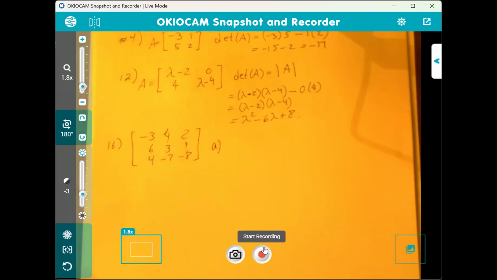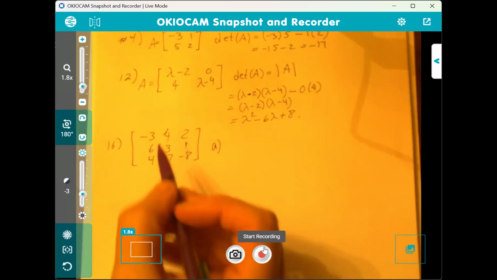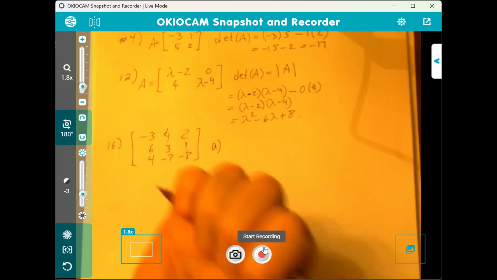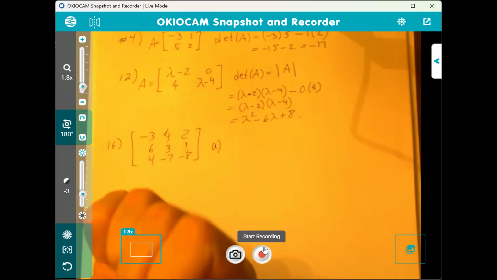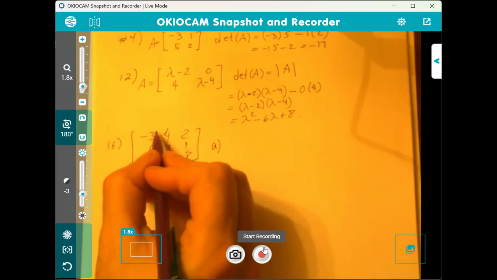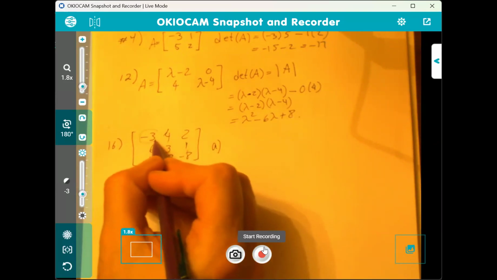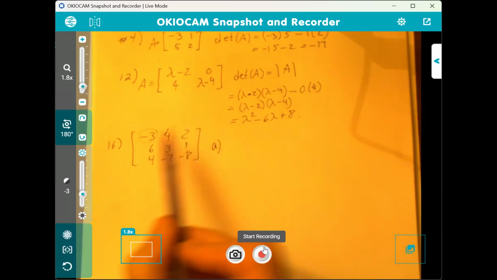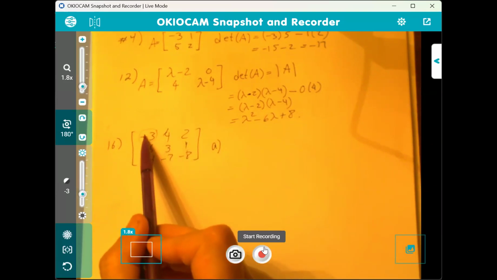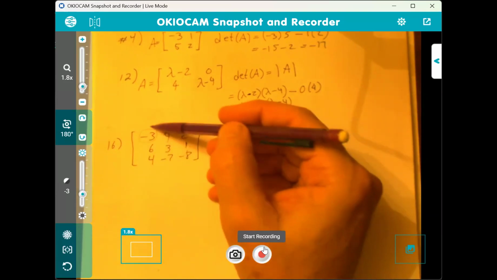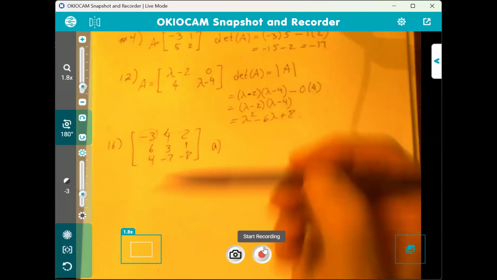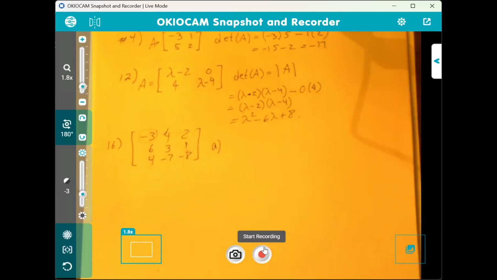So what I need to do is the following. I'm going to circle negative 3 here. And remember, we're going to delete the row and we're going to delete the column in which negative 3 appears in.